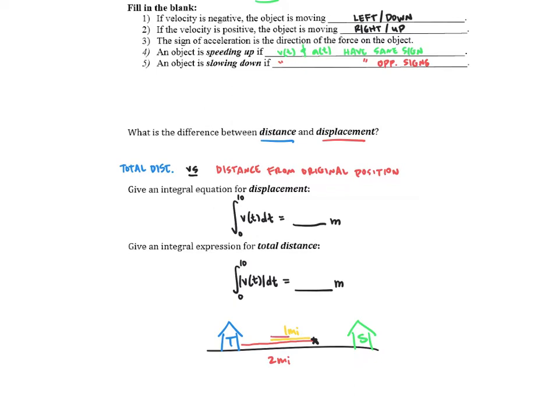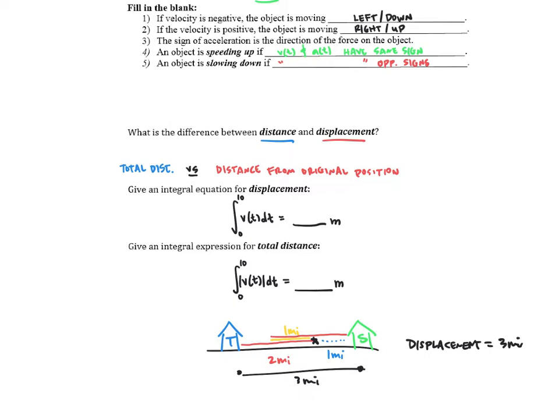And then heads back to school. Now, if this distance right here were, say, 1 mile, his displacement would simply be the 3 miles from home to school. So it's the distance from the original position.